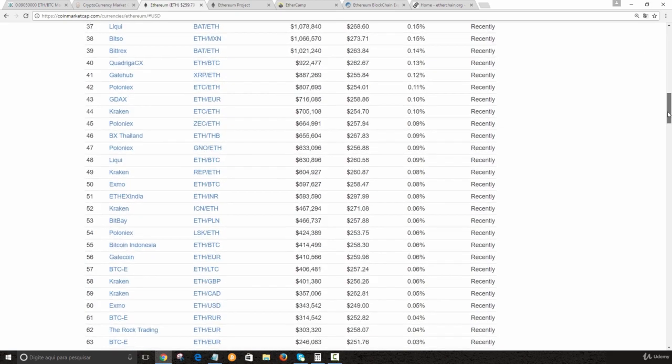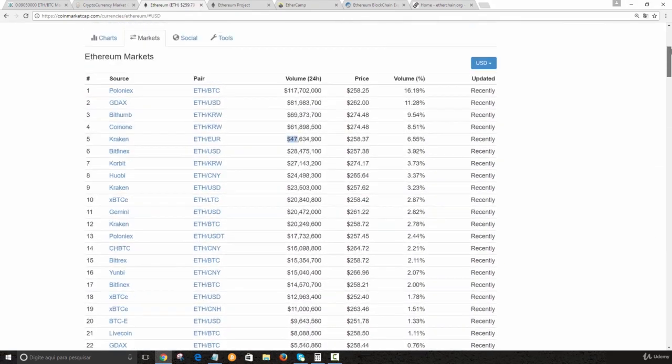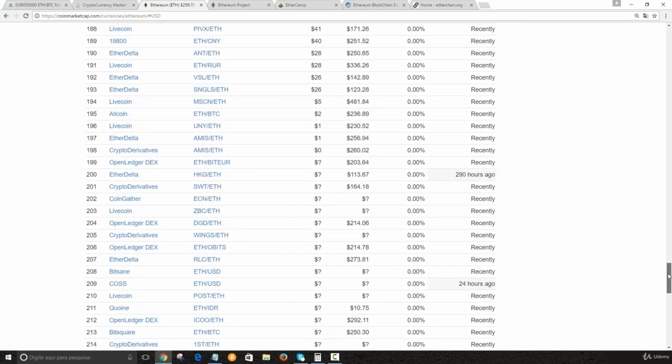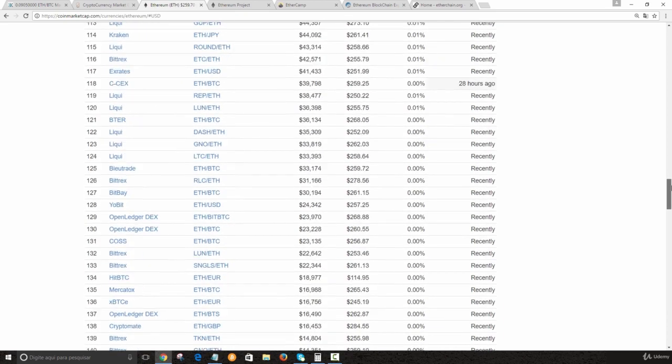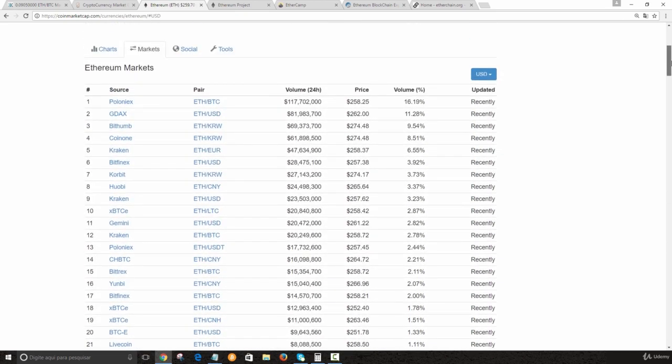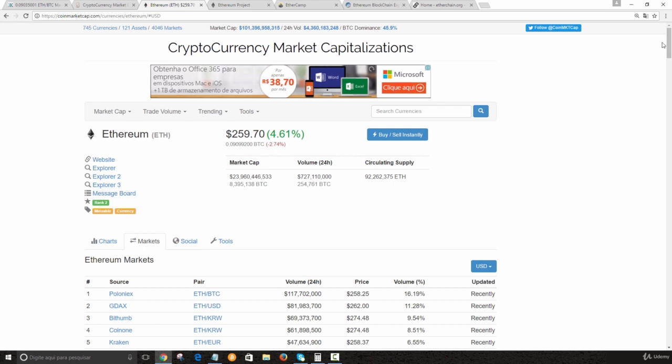So we have all the information on all the exchanges that work with Ethereum, from the biggest to the smallest. From the smallest one that only owns $5. Livecoin, for example, paired with Ethereum, just $5. So all the essential information that will help you succeed and evaluate this market better is available at Coinmarketcap.